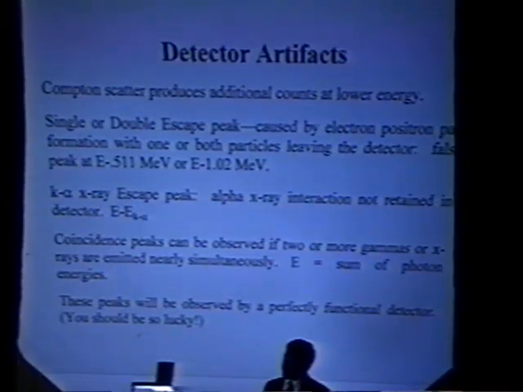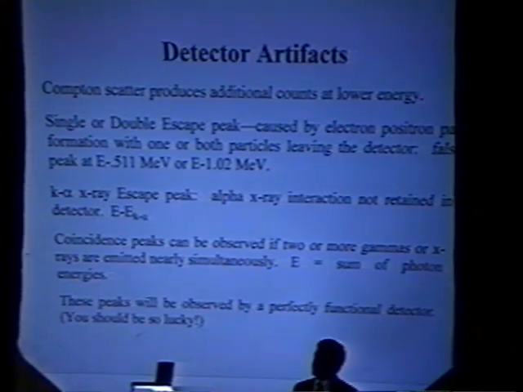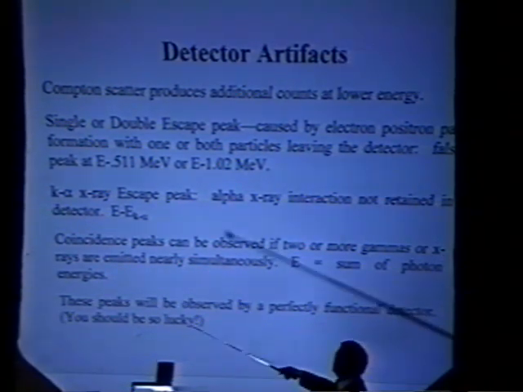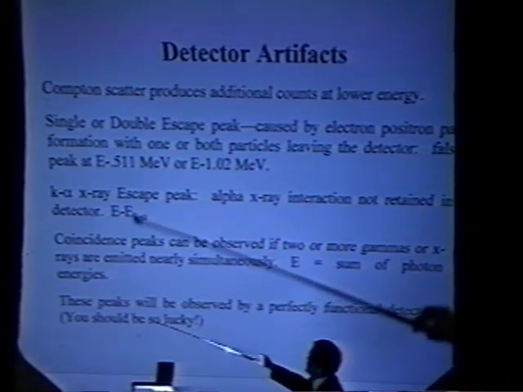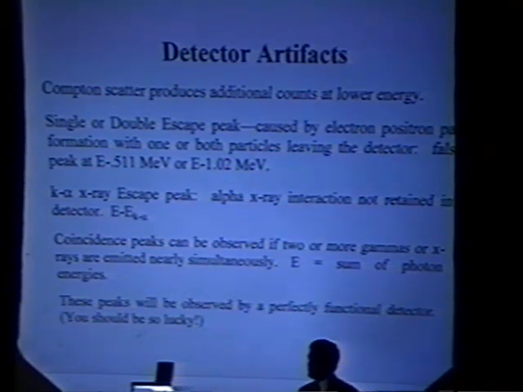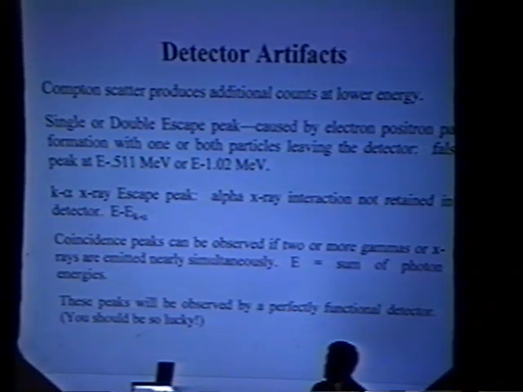See, there are other ways that energy can be lost. You could lose energy from a K-alpha X-ray escape, in which case the energy will be decreased by the K-alpha X-ray of whatever atom interacts inside the detector.